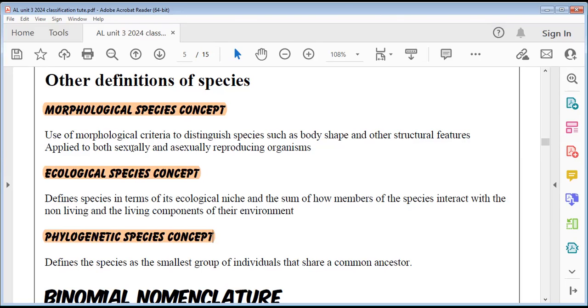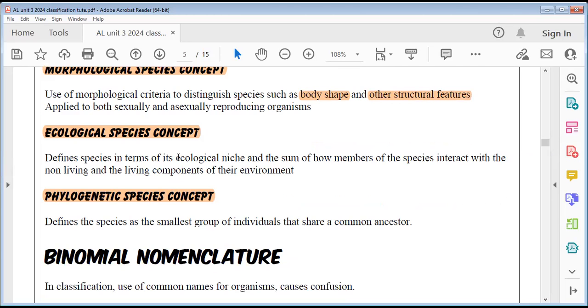In the morphological species concept, they are determining the species by looking at the body shape and other structural features. Understood? In the ecological concept, they are looking at the ecological niche.